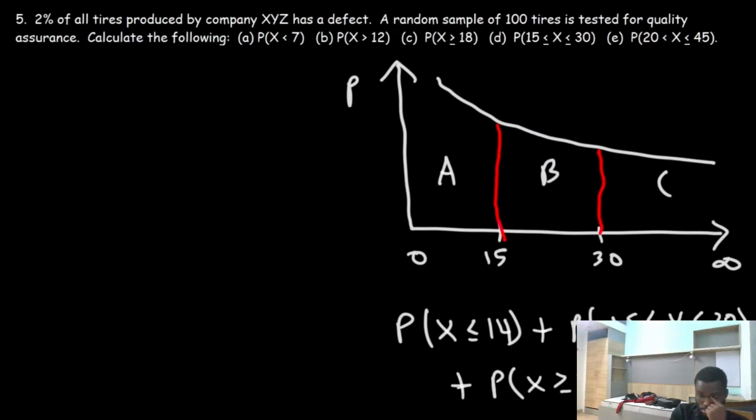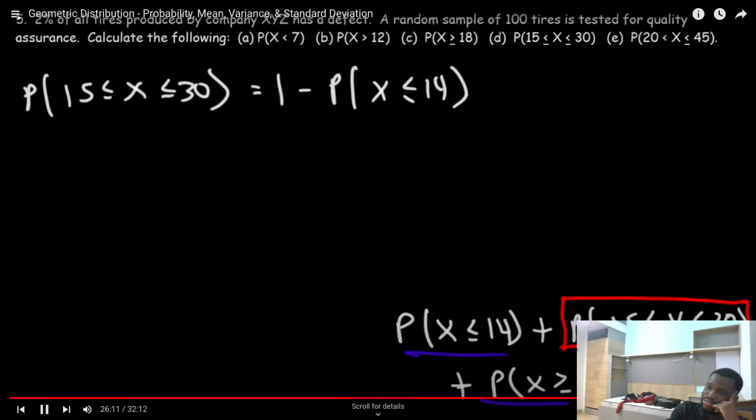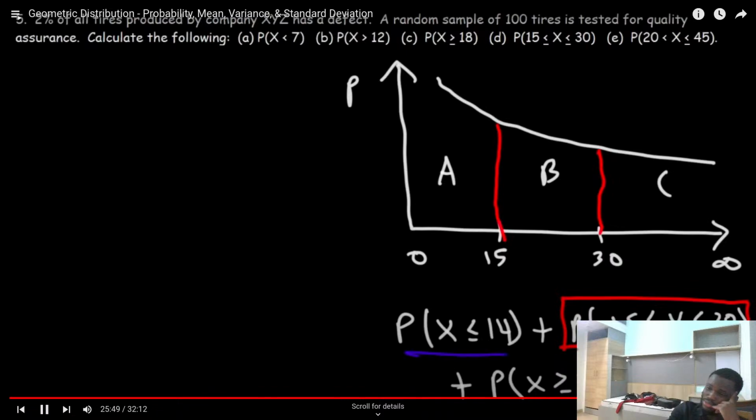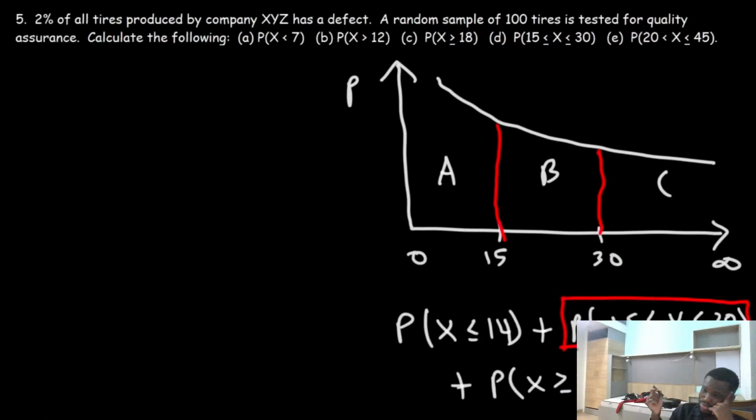Our goal is to calculate this value here. So let's rearrange the equation to solve for this expression, which means these 2 expressions need to move to the other side.